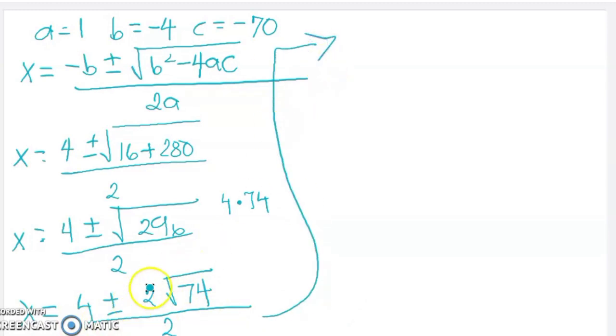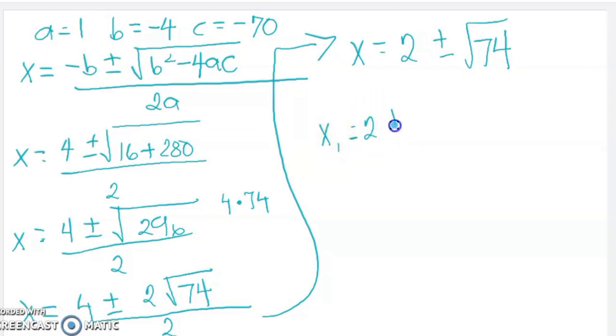We can simplify this. 4 divided by 2 is 2, so x is equal to 2 plus or minus 2 divided by 2 is 1 square root of 74. Or, kung isi-simplify natin yan, yung ating unang x, x sub 1, is equal to 2 plus square root of 74, which is approximately positive 10.602.